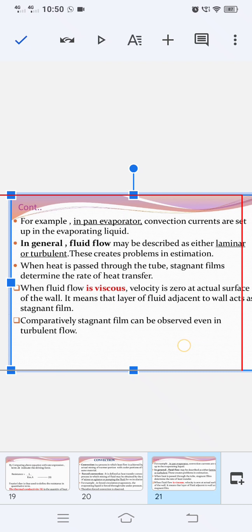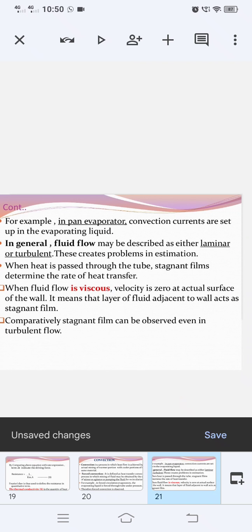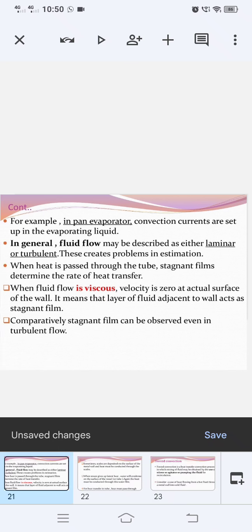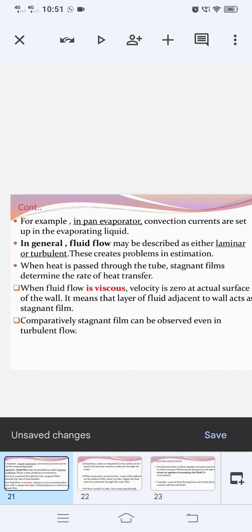It means that the layer of fluid adjacent to the wall acts as a stagnant film. A film can also be observed even in turbulent flow.